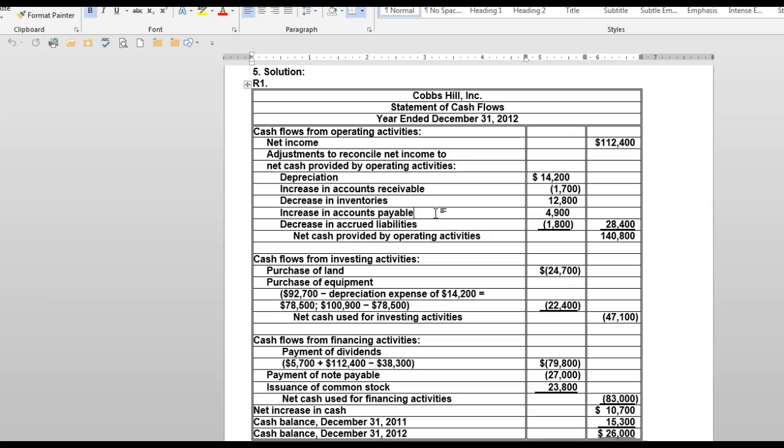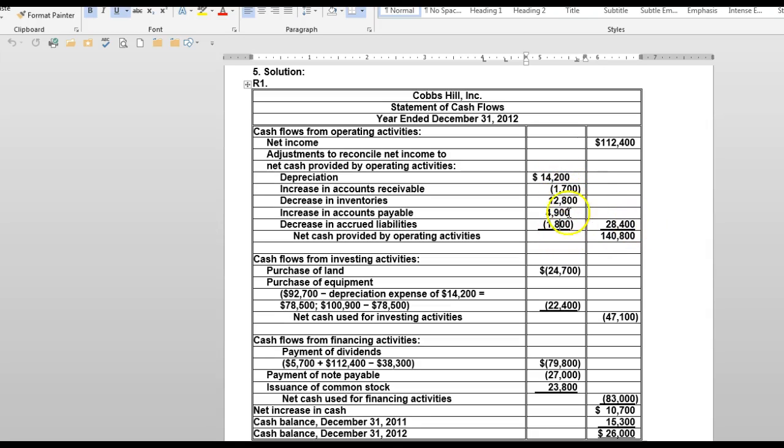Expenses, right? So if accounts payable increased, that means there are expenses in this net income that there was no cash involved. So I need to add that back in. And then a decrease in a liability is just the reverse. So now I have to deduct that $1,800.